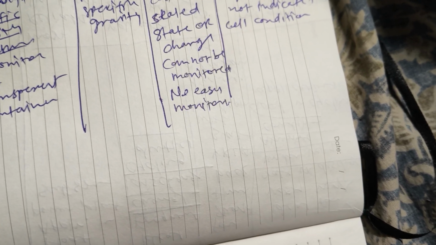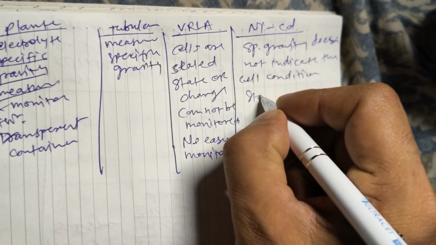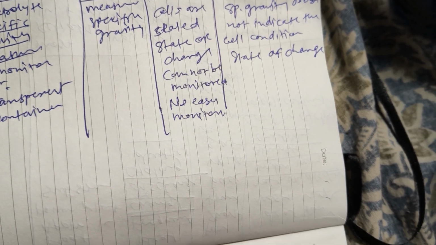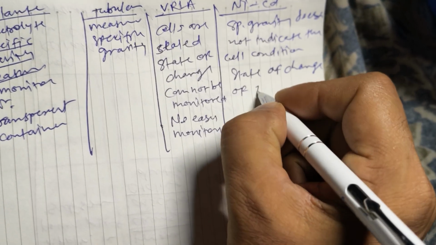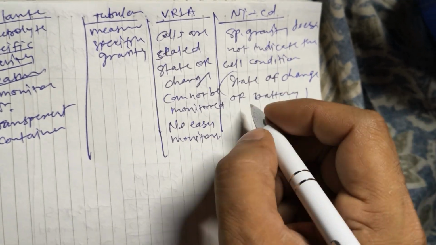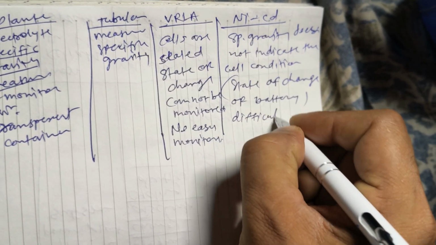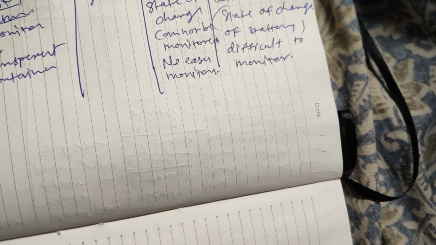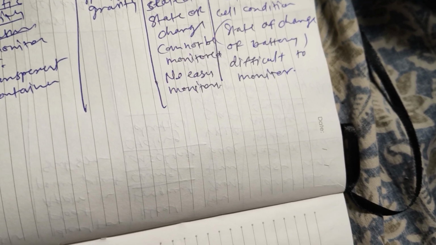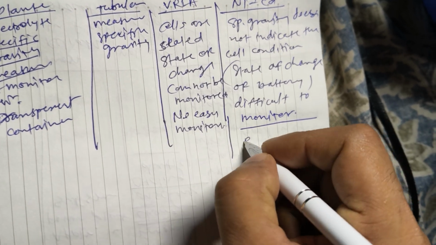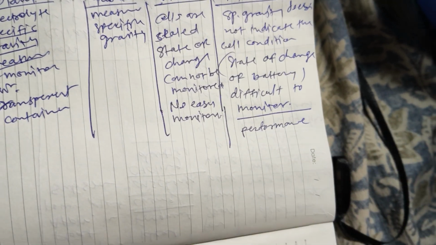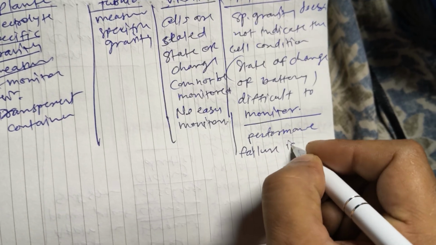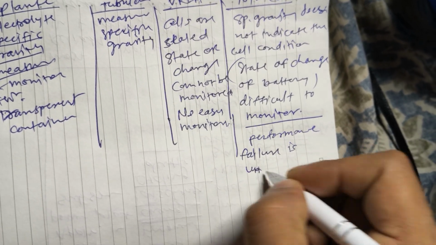Monitoring the state of charge of the battery is very difficult, and therefore performance failure is unpredictable.